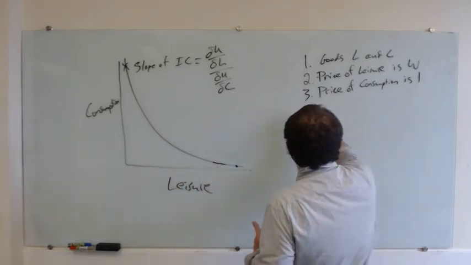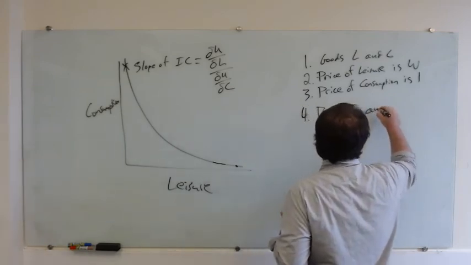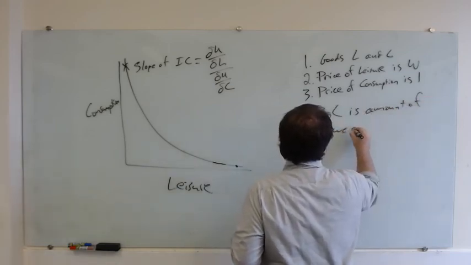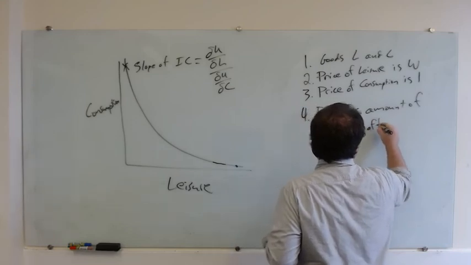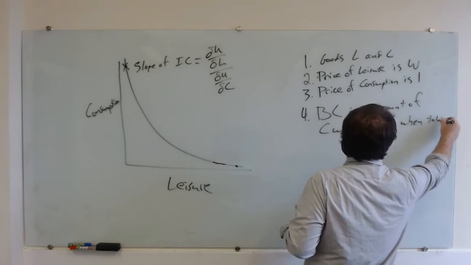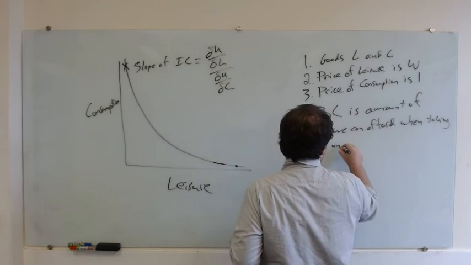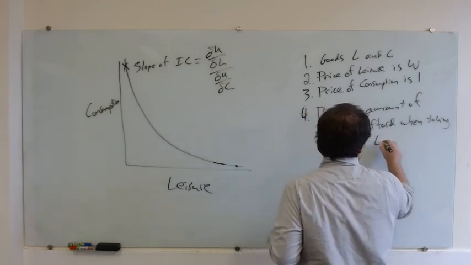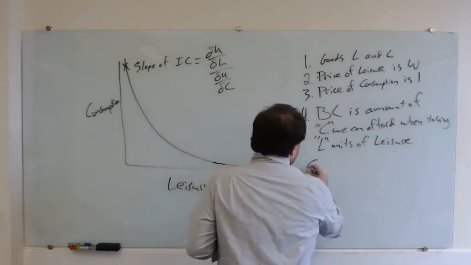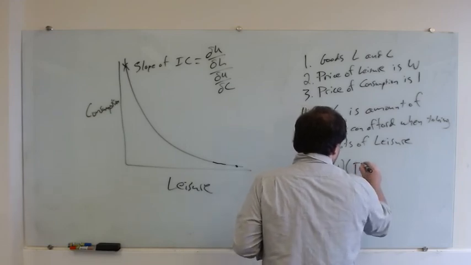And our budget constraint, as a result, is the amount of consumption we can afford when taking L units of leisure, which we can either think of as C less than or equal to our wage rate times the amount of time we spend working.